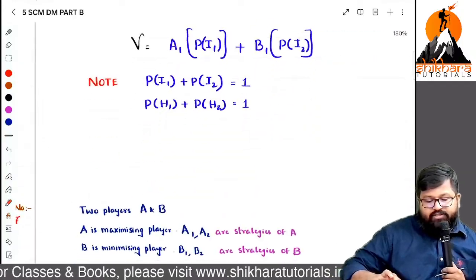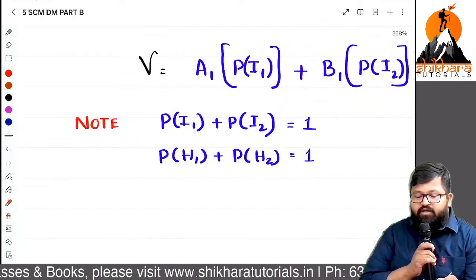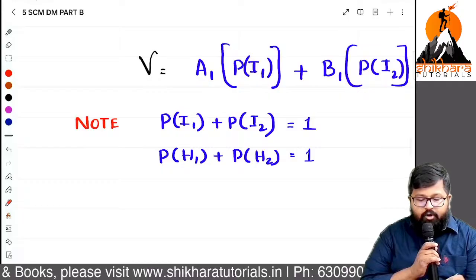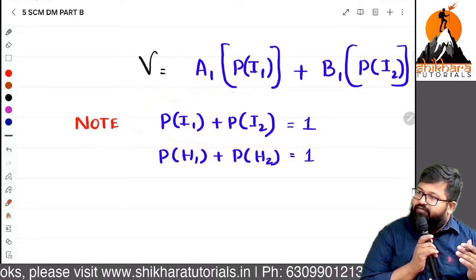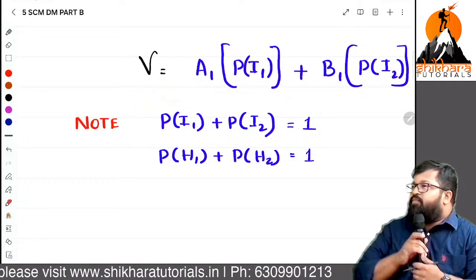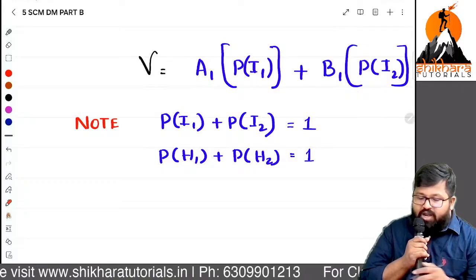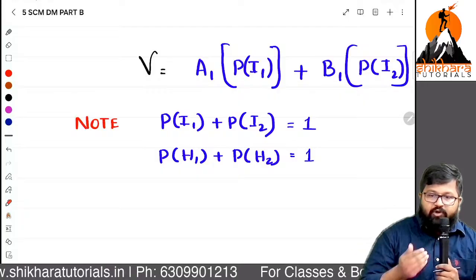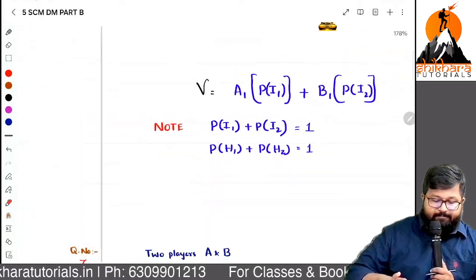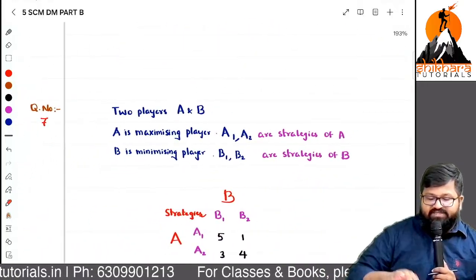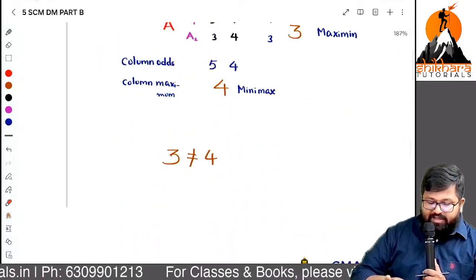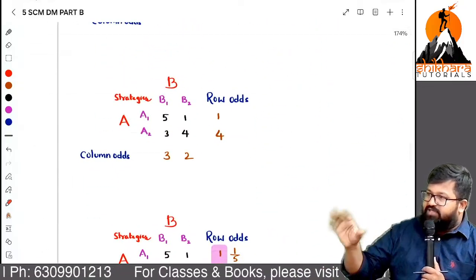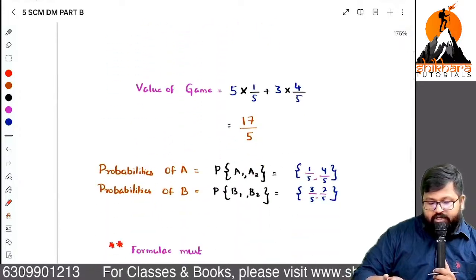One more basic logic: if you add all the probabilities of the rows, you will get 1. If you go with the columns also, you will get 1, because the probability sum will always be 1. Question number 7, I am not dealing with it, as it is given as homework.